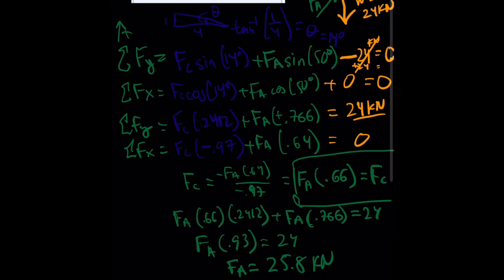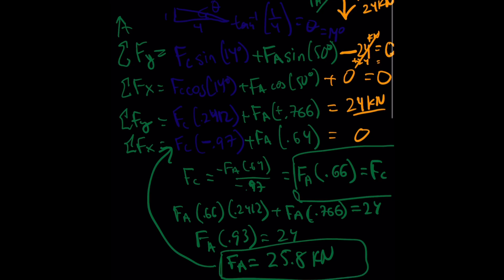So now that we have FA, we can just use any equation we like. We can use this one right here, and then we find that FC is going to equal about 17 kilonewtons.